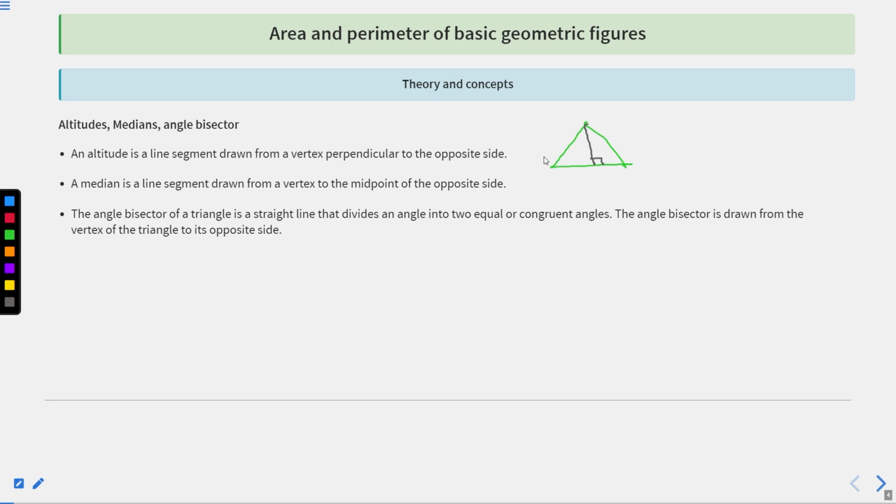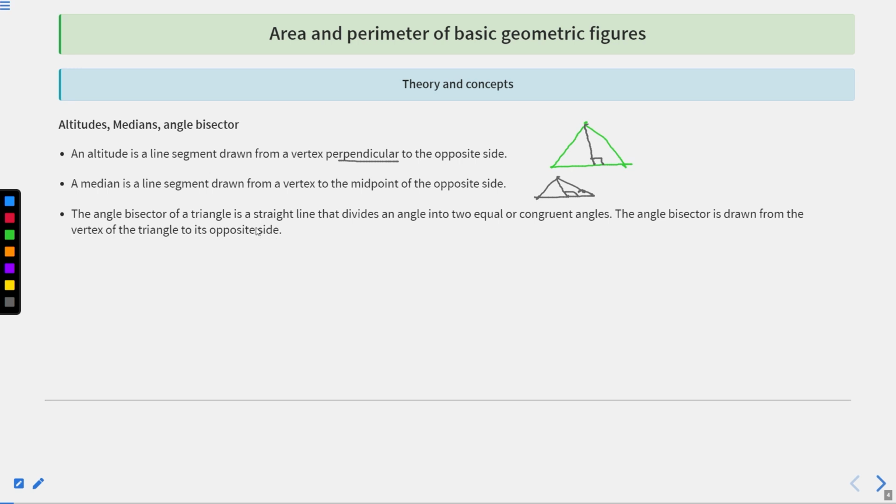So it makes a perpendicular on the opposite side. A median is a line segment drawn from the vertex to the midpoint of the opposite side. Graphically it will be very similar to an altitude, but it's not a 90 degree angle. This is some other angle.